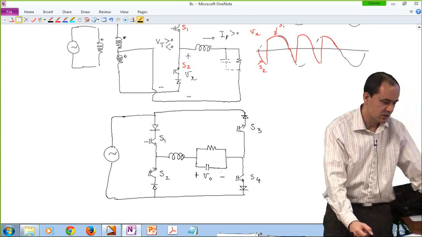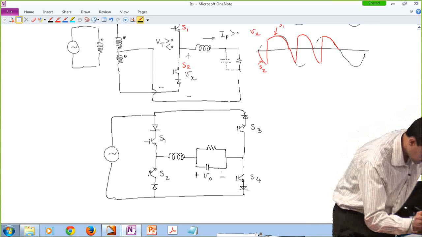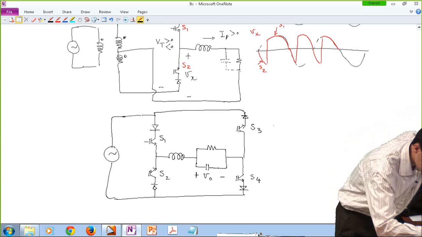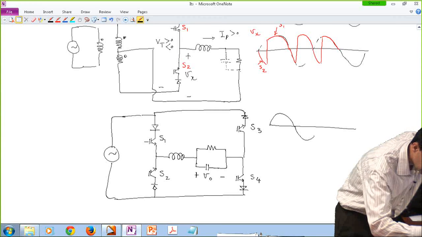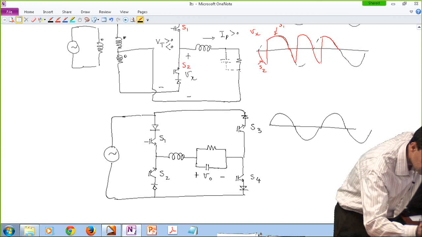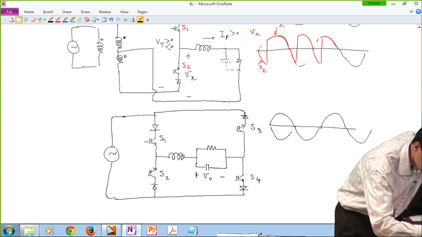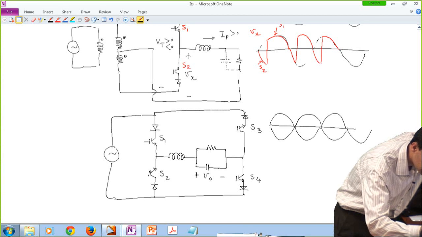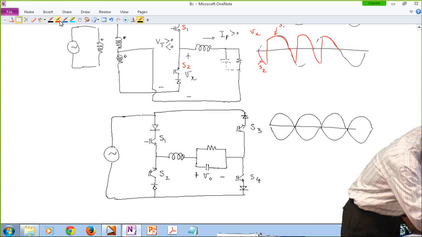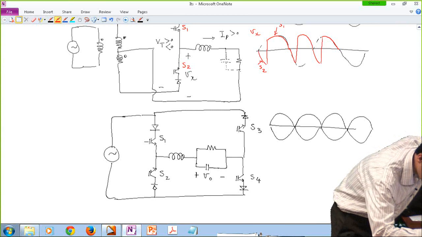All right, so the same scenario is going on. For instance, let me just redraw this. This is your input voltage. This is the opposite of your input voltage. And depending on your switch configuration, you can follow whatever you want.